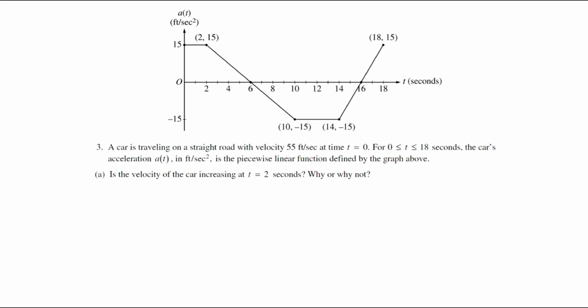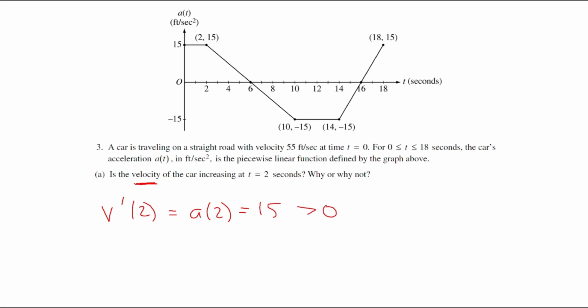We want to know, is the velocity of the car increasing at t equals 2 seconds? Well, our velocity function's derivative is the acceleration, right? So we can determine if a function is increasing or decreasing by looking at its derivative at that point. So v prime of 2, which is a of 2, is just equal to 15.